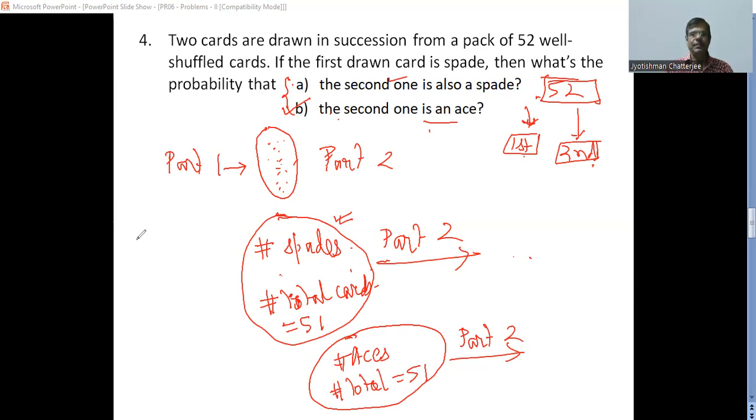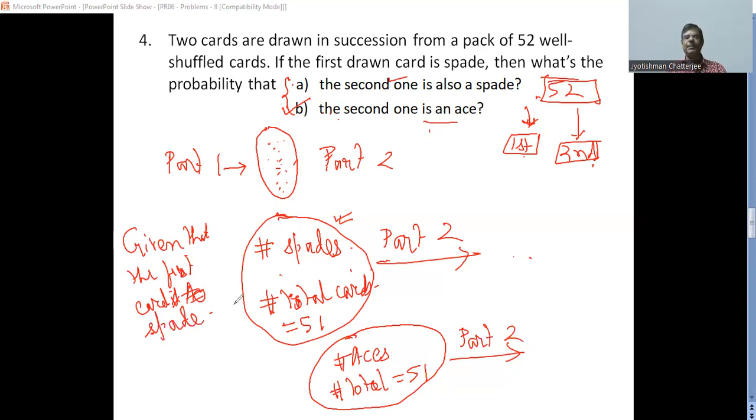That's given to us, right? First card is spade, that is given to us.